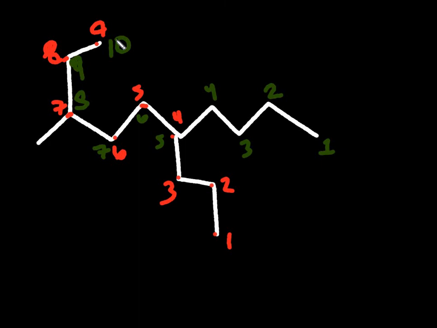This is the longest chain. We thought maybe, okay, 9, we'll just take it. No. This is actually the longest chain. The ones in the green beat out the red. So we're going to go with that, which is decane. There's 10 carbons. Not going to go with nonane, we're going to go with decane. Okay, so now this is where we look at the substituents. So we agreed with green.